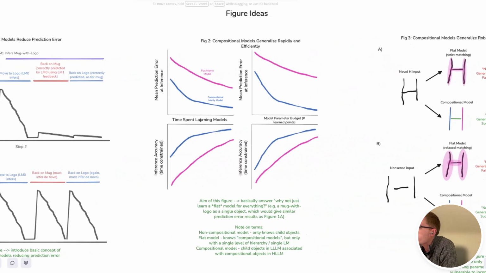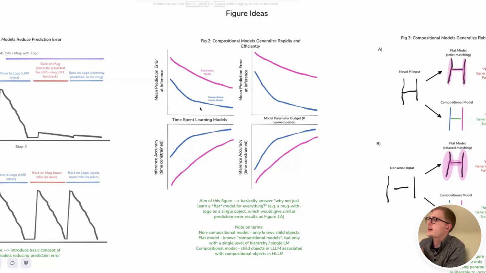One is how much time a Monty system has to learn the models that are given to it, and that's what's on the left. I'll get to this one later. And then what we're looking at is the mean prediction error at inference, and inference accuracy, maybe in a time constrained way. Here higher is better as you spend more time, and here lower is better as you spend more time.